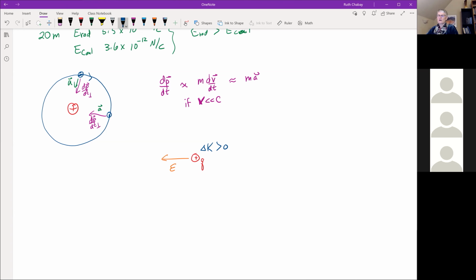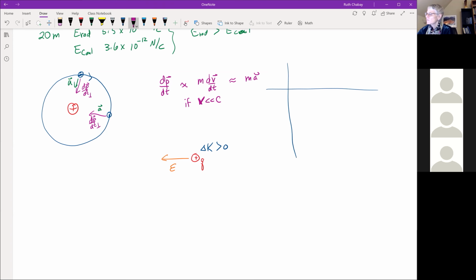So why doesn't it do that? Well, the answer is an interesting one. If this were a classical system, that's what would happen. But because these are very small particles, we know from last semester that the available energy values of K plus U to a particle of this kind are not infinite.